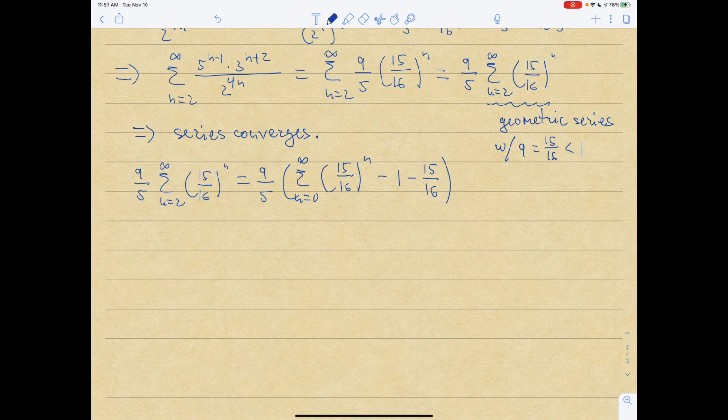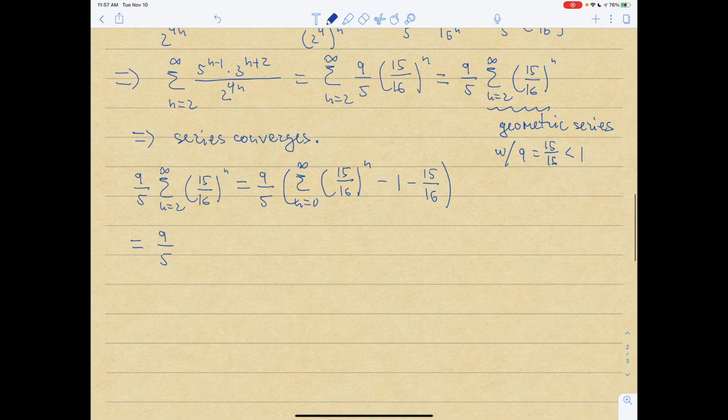Okay? So then what this gives us is 9/5 times the sum from 0 to infinity of q to the n, which is 1 over 1 minus q, minus 1 minus 15/16.